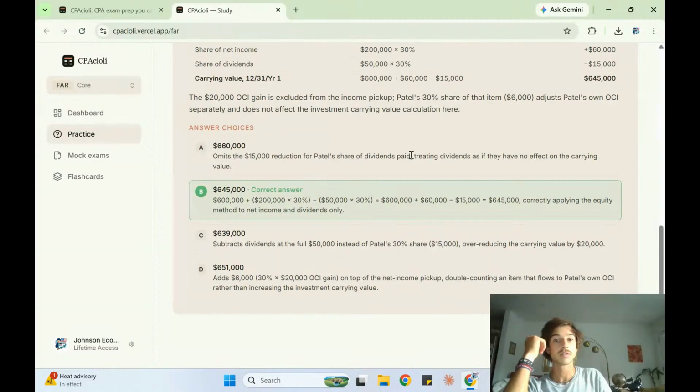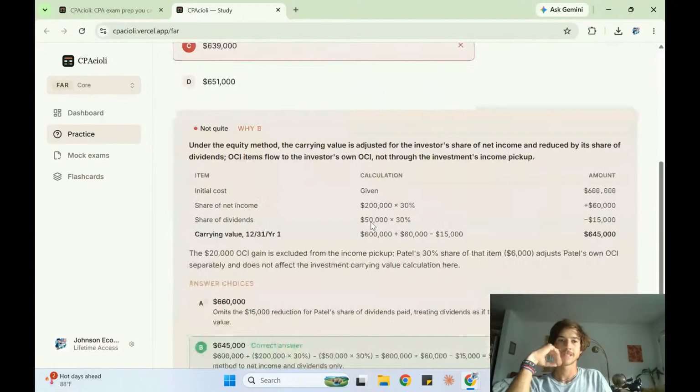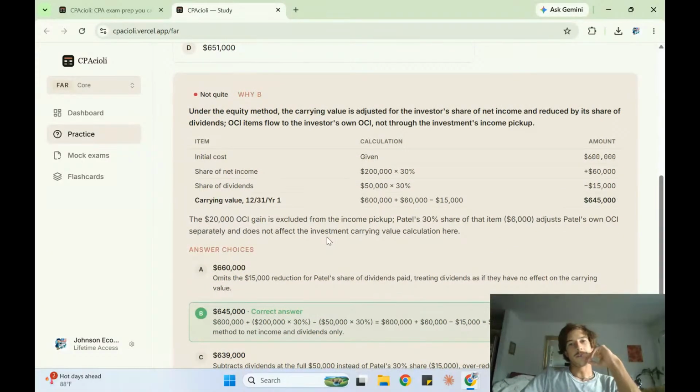Dividends. Gain is included from the income pickup. Patel's 30% share of that item adjusts Patel's own OCI.